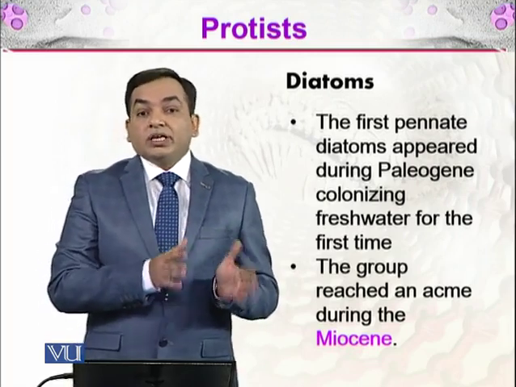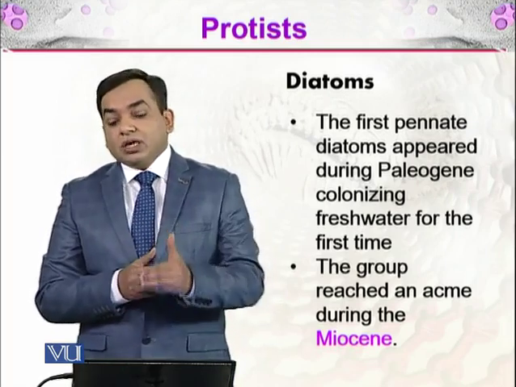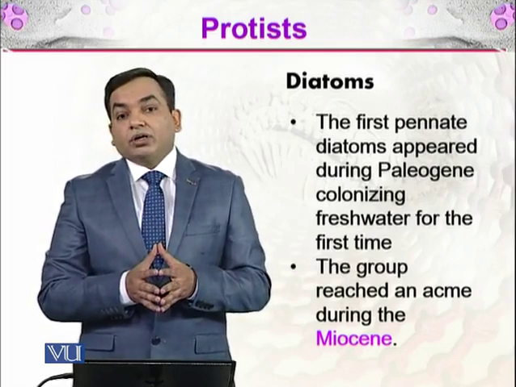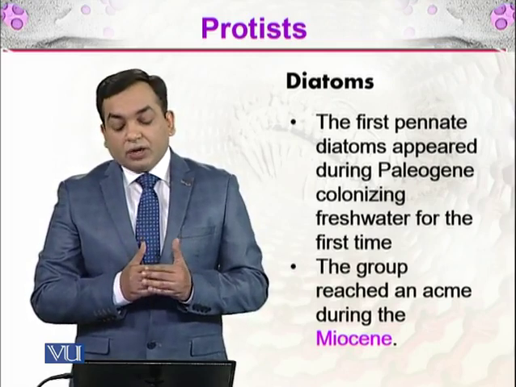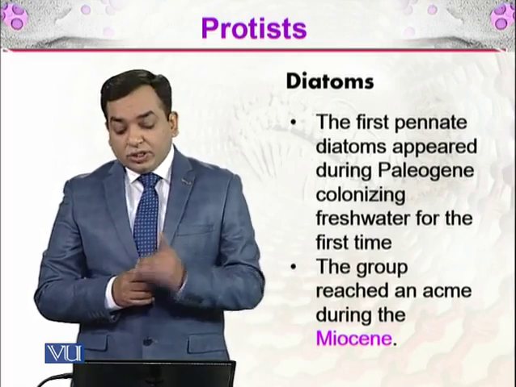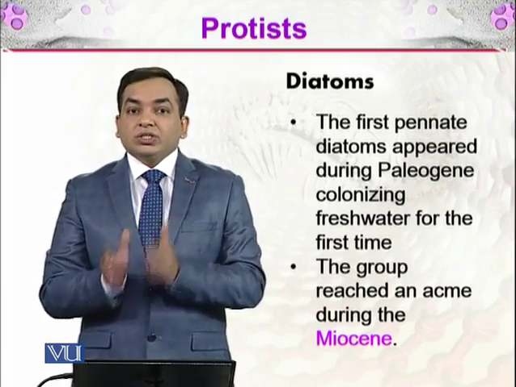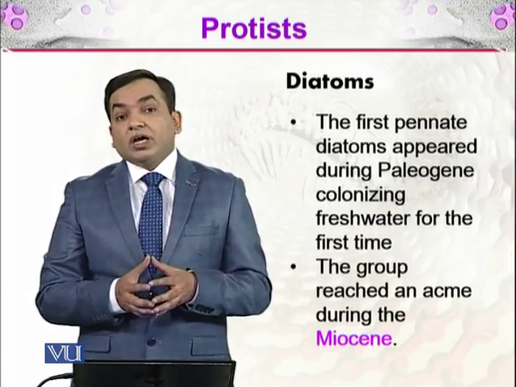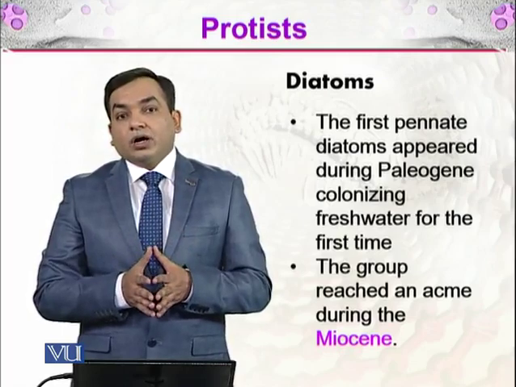So Miocene is a region in Greece where these diatoms were collected, and this is also the name of an era, right? That means these protozoa, the diatoms, were at acme. That means they were at the highest possible point during their diversity.